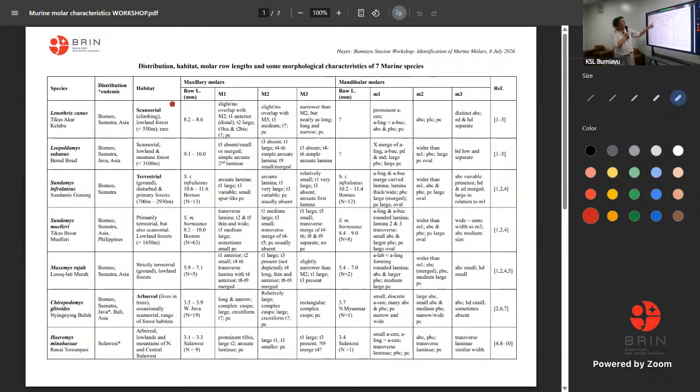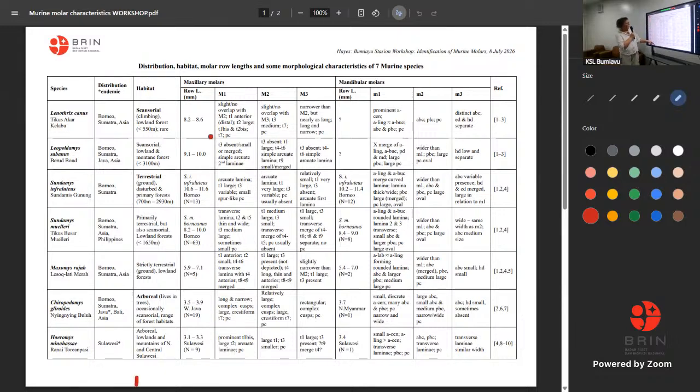The row length is 8.2 to 8.6 millimeters, whereas as you look down here, the next one is up to 10 millimeters. This one's 11.6, 10, 7, 3.9, and then 3.3, very small.